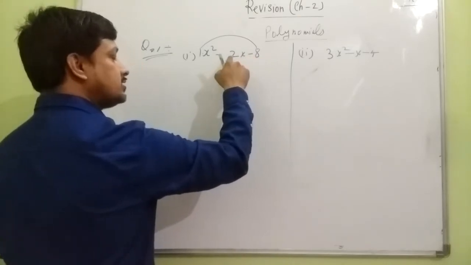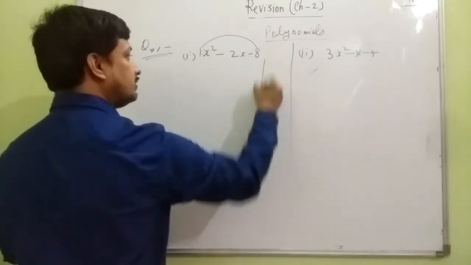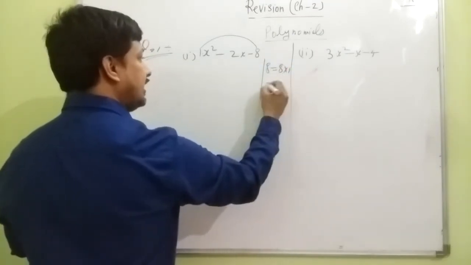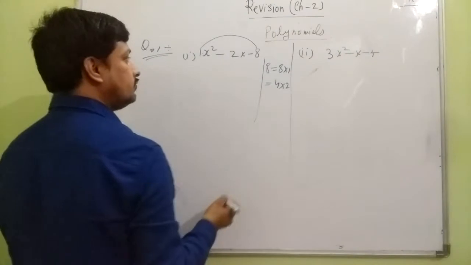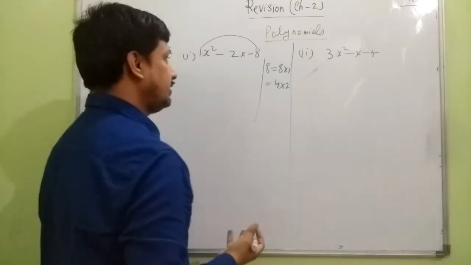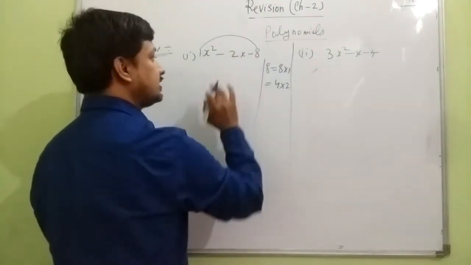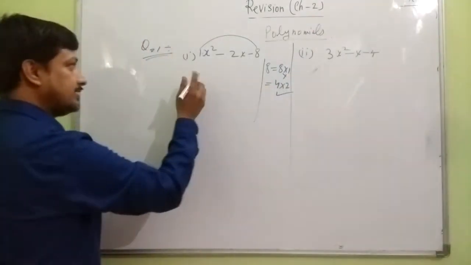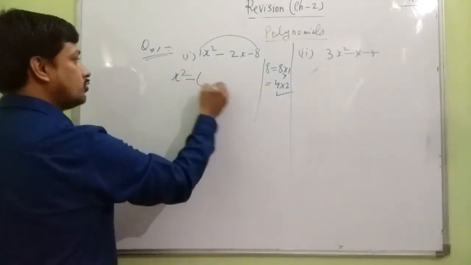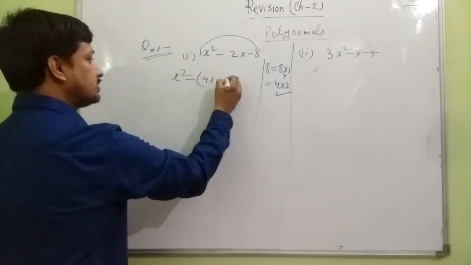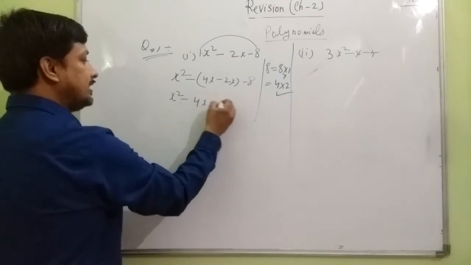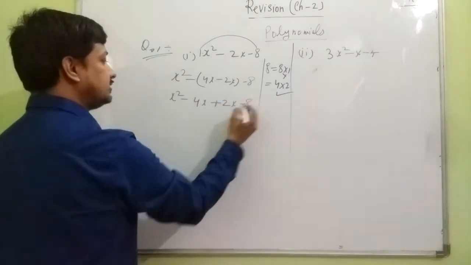The possible factor pairs of 8 are 8 and 1, and 4 and 2. Which pair is giving the difference as 2? Not the first, but this one is. So we will accept this. We will write x square minus 4x plus 2x. Now open the bracket and the sign will be changed.